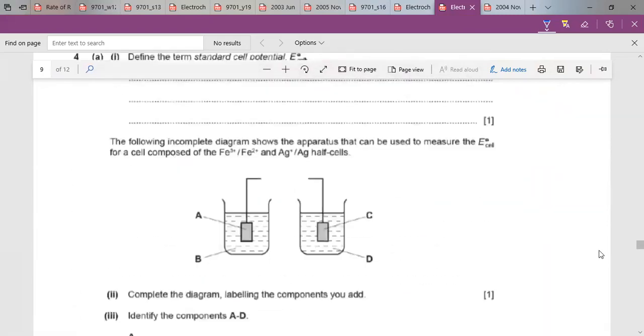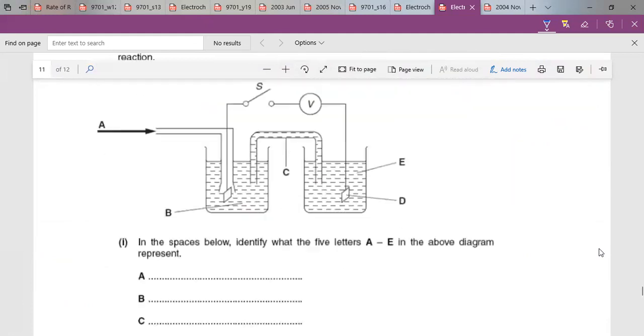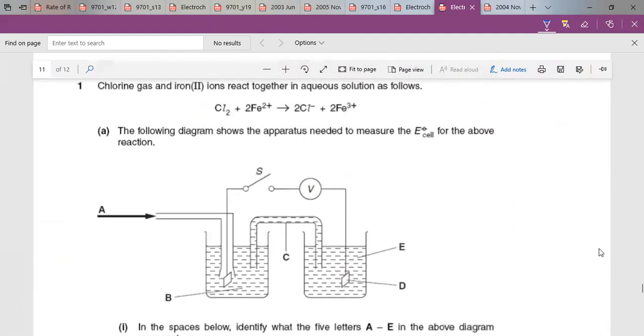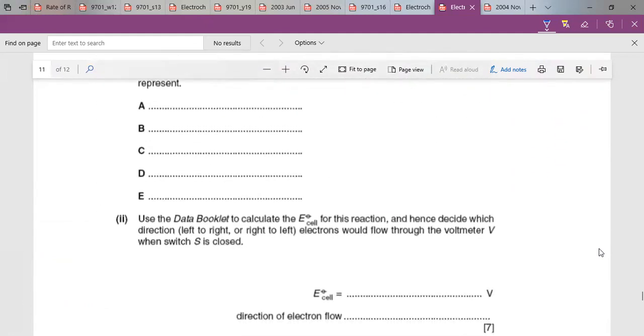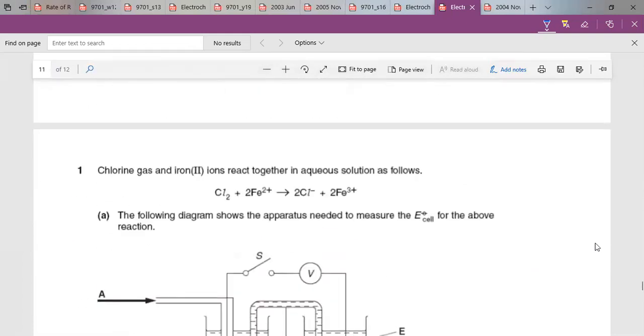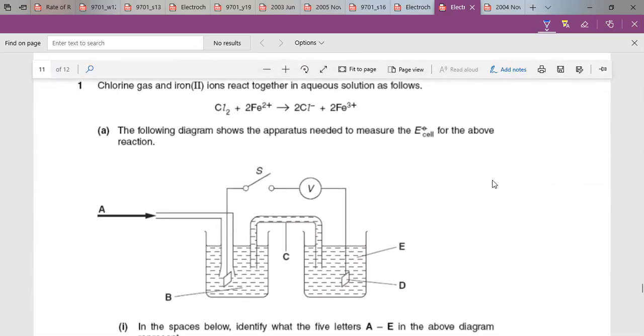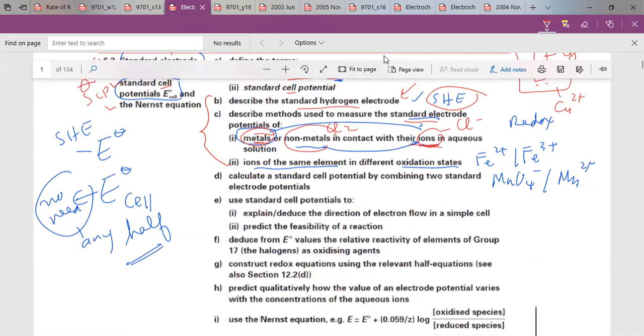Okay, here we are. Now this is a standard cell potential. Now here, I think I'll go later, otherwise you get mixed up. Never mind. Now let's start with this one here. As I said, I'll go with the chlorine gas after.